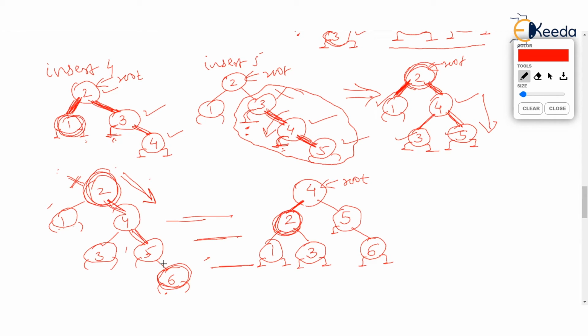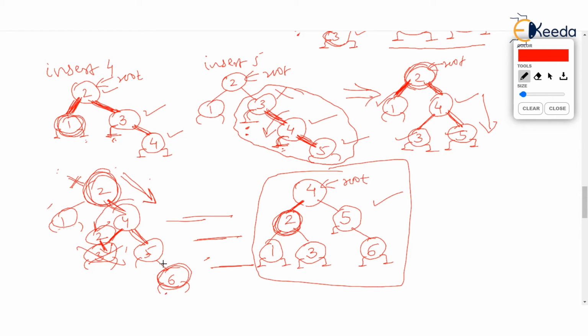And if it is the right, right case, then whichever node is not balanced, 2, is rotated to the left. So 2 takes over this node, and 3 is lost and 2 becomes left child of 4. But then don't worry, we will insert 3 again in the tree using the usual insertion algorithm. And now we have a binary search tree which is balanced.